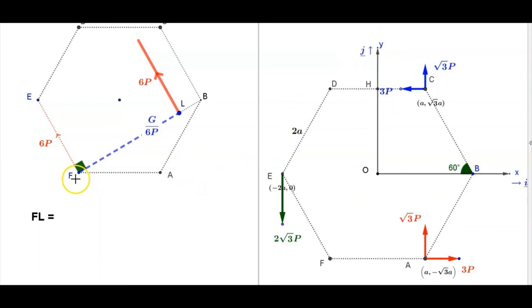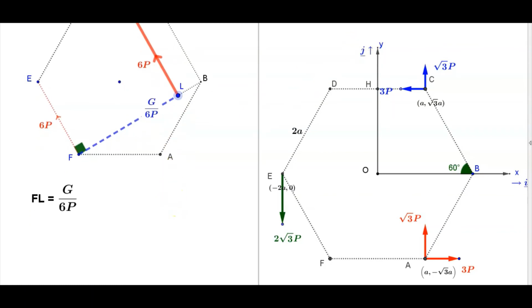Now we will find out this distance FL, G over 6P. We don't know where it would be. Okay, now for G already we know 12 root 3 Pa over 6P.